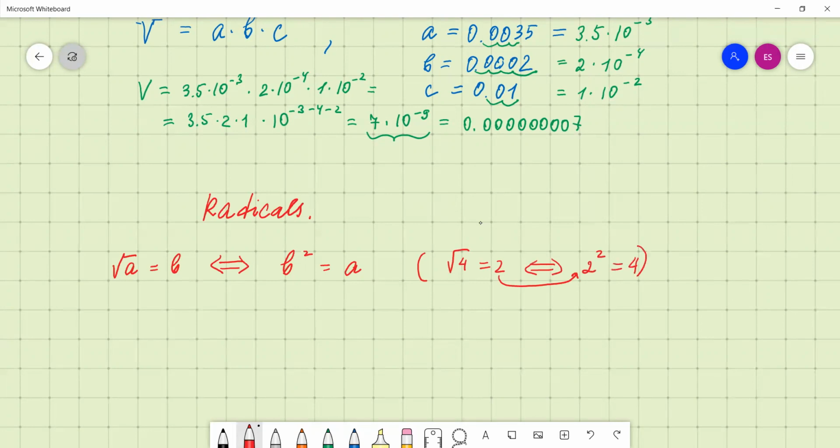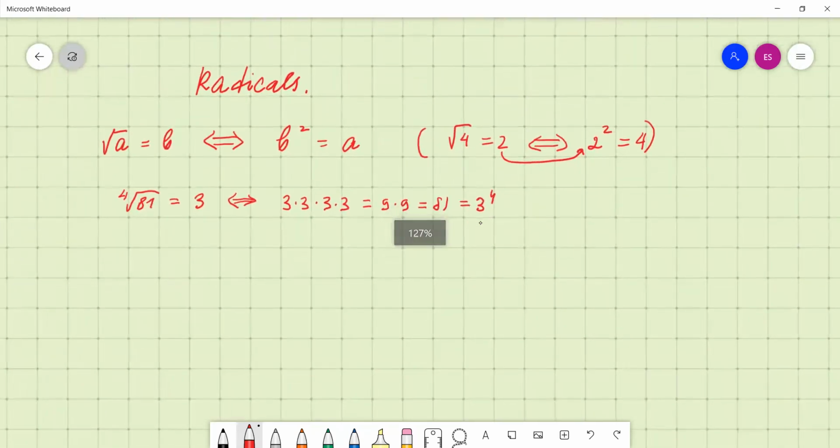Okay. Well, the fourth root of 81 is going to be what? It's going to be 3. Why? Because you take 3 multiplied by 3 multiplied by 3, you are going to get 9 by 9, which is 81. So 3 to the power of 4 is equal to 81. Okay.